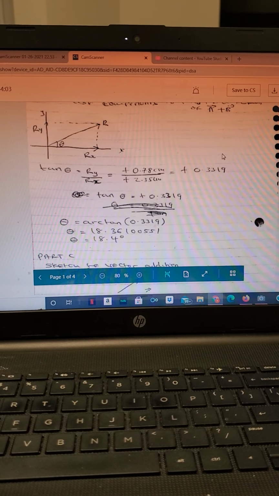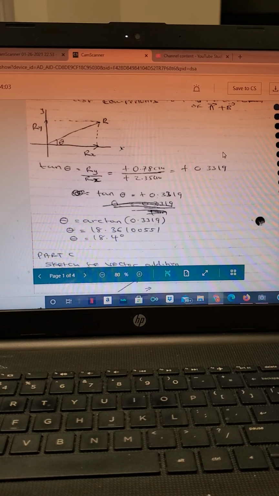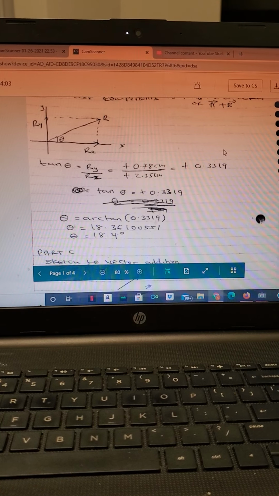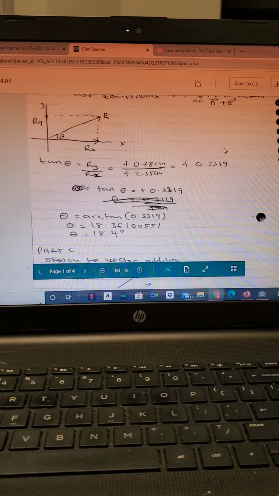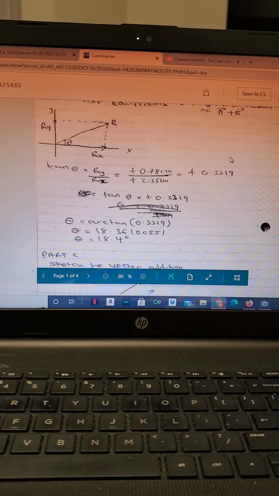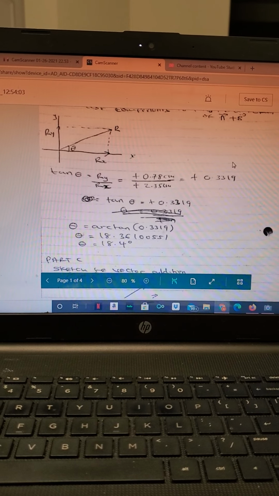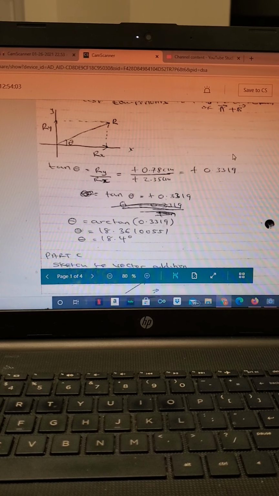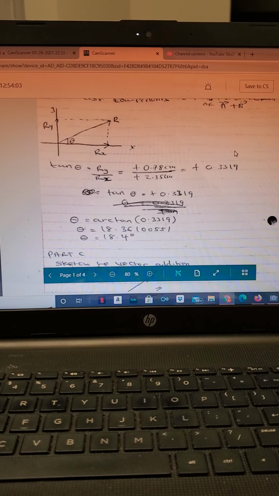If I use my calculator, it will give 18.36100551. With significant figures, theta equals 18.4 degrees. It will be in degrees.